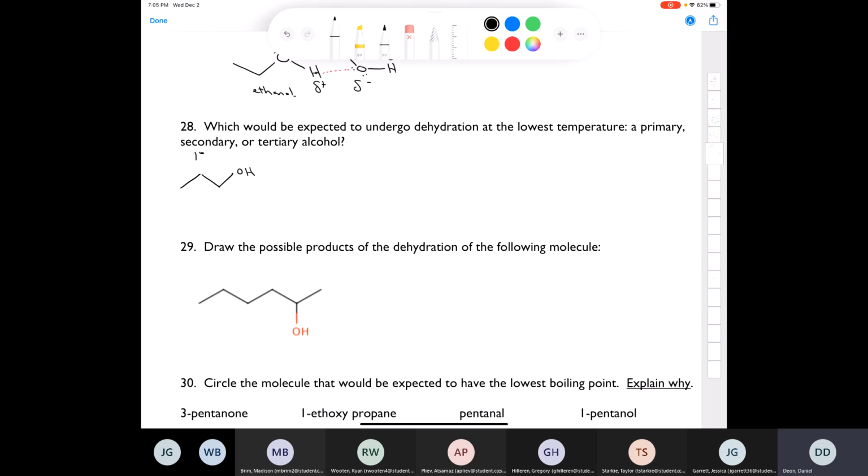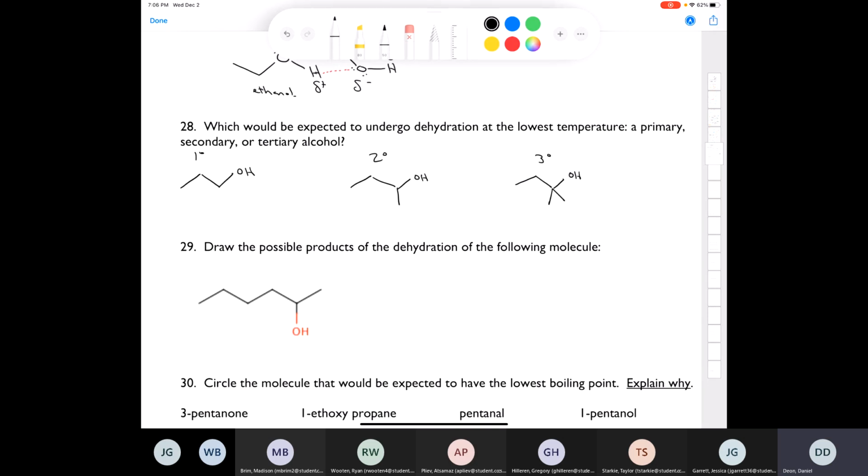Let's say we had a secondary alcohol like 2-butanol. So this is the secondary alcohol. And let's say we had a tertiary alcohol like 2-methyl-2-butanol. Okay, so this is tertiary.